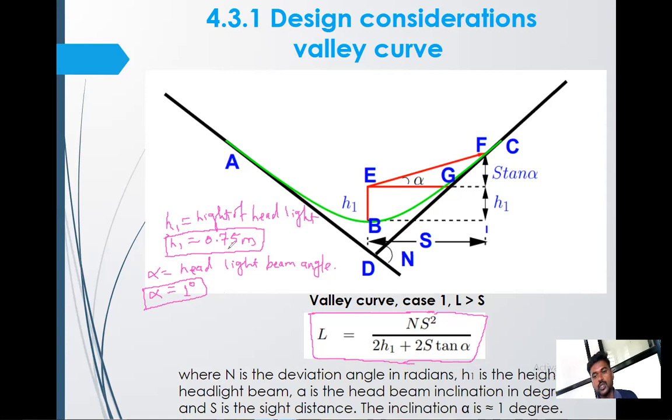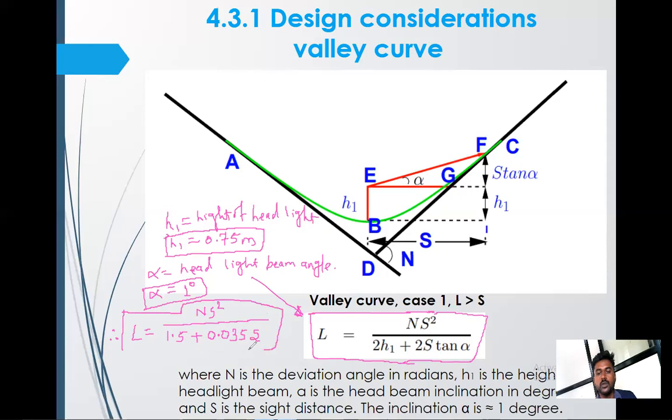When I put this H1 as 0.75 meter and alpha as 1 degree in this formula, the formula will become, below that write down, therefore L is equal to NS square divided by 1.5 plus 0.035 into S. Write down the formula.